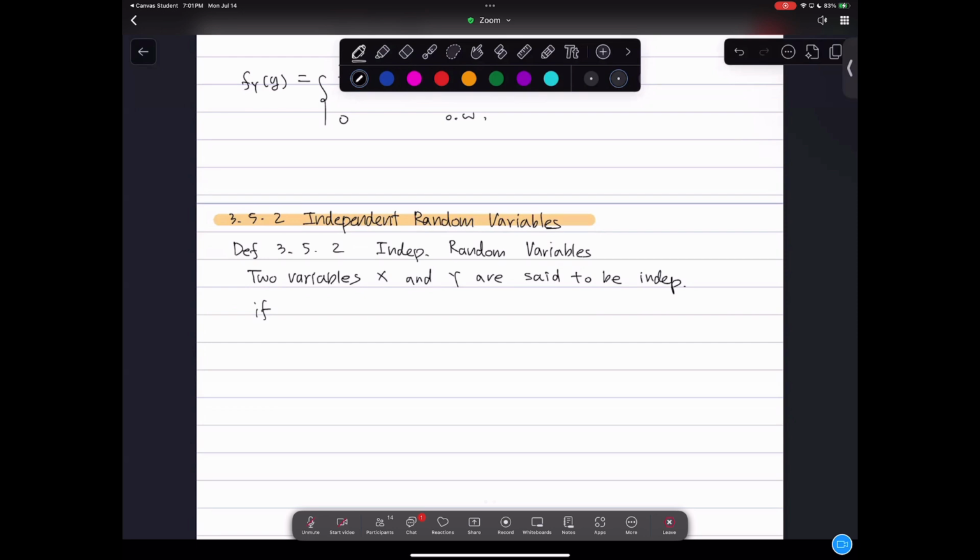the probability that x is an element of a set A and y is an element of a set B equals the product: the probability x is an element of A times the probability y is an element of B, for every two sets A and B of any real numbers.